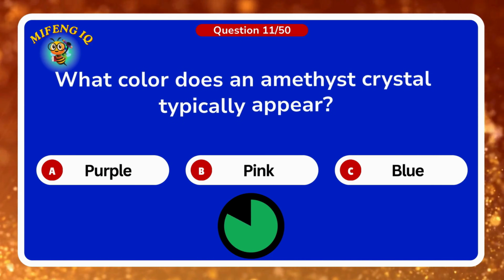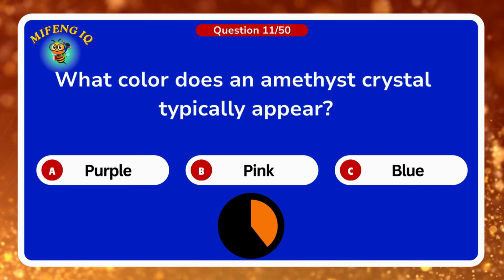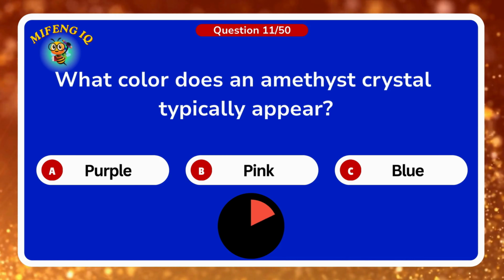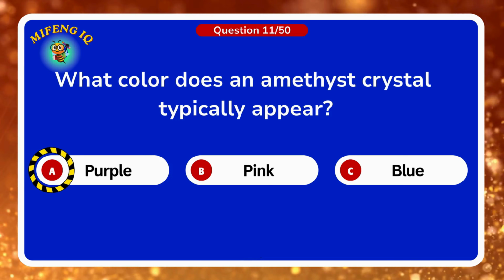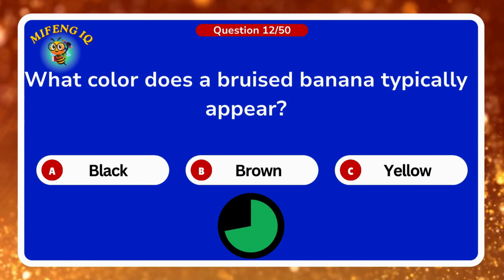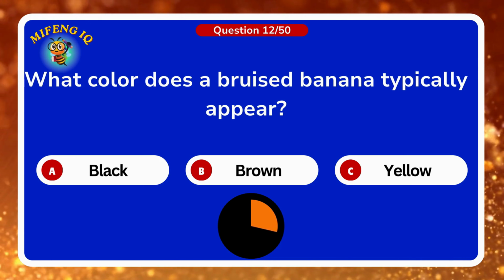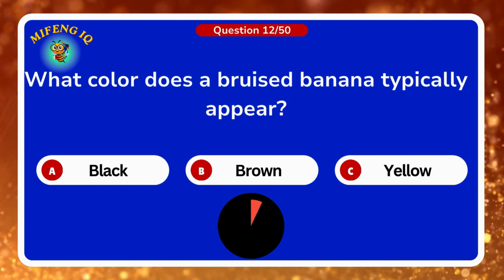What color does an amethyst crystal typically appear? Purple. Color of a bruised banana typically appears? Brown.